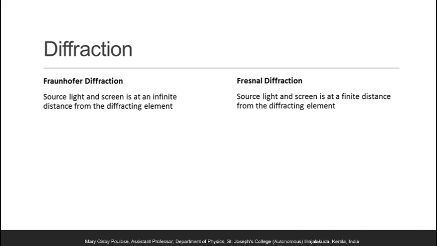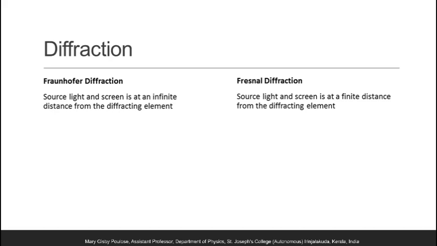Light was bending through it. So in Fraunhofer diffraction, the source light should be at an infinite position and the screen should be at an infinite position. That means the wavefronts coming towards the slit and emerging from the slit should be planar.